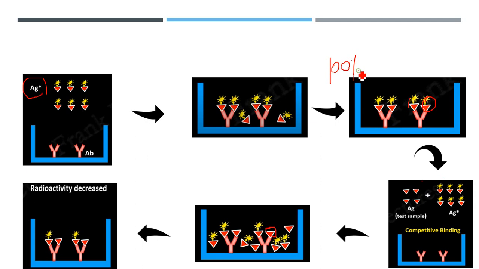But now the unlabeled antigen has replaced the labeled antigen. So here you can see there is decreased radioactivity. And by using this principle, that how much radioactivity has decreased, we can find out the concentration of unknown antigen, that is antigen from your sample.